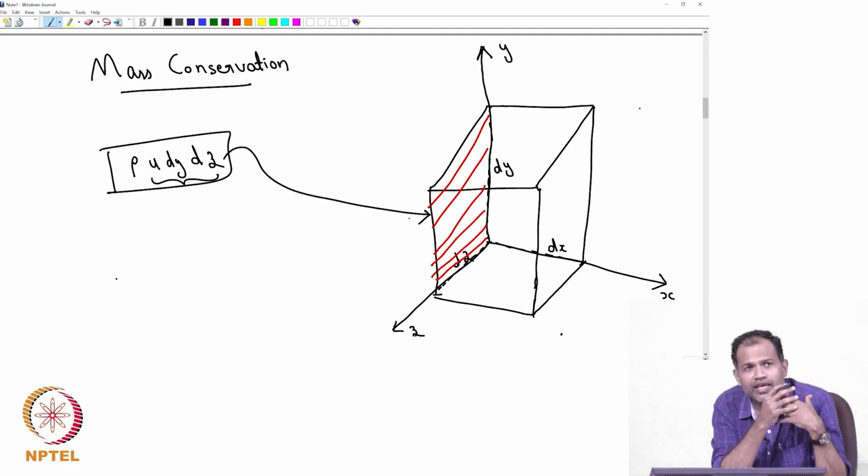Now, I want to write down the mass that is going to leave. In the absence of any other information, the best way to do it is to write it as a Taylor expansion.